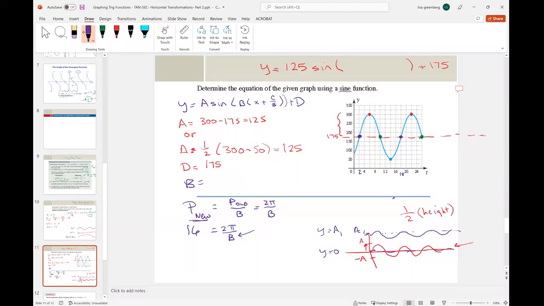If b was 16, would 2 pi over 16 equal 16? No. Just solve for it. You don't have to know it. Let's multiply both sides by b and then divide both sides by 16. Wouldn't I get b equals 2 pi over 16, which is pi over 8? That's all I'm doing. I'm really not doing anything that fancy here.